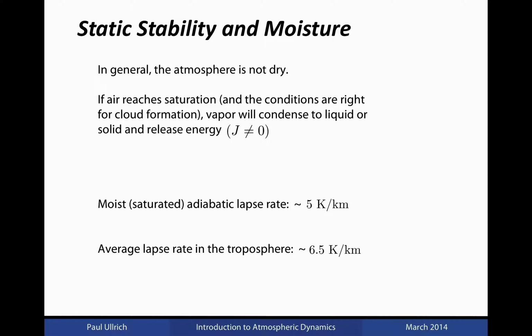However, the average lapse rate in the troposphere is about 6.5 K per kilometer. That is because the amount of moisture in the atmosphere is usually not sufficient to saturate all fluid parcels. So as an average, the fluid parcels will find themselves somewhere between the moist lapse rate and the dry lapse rate.